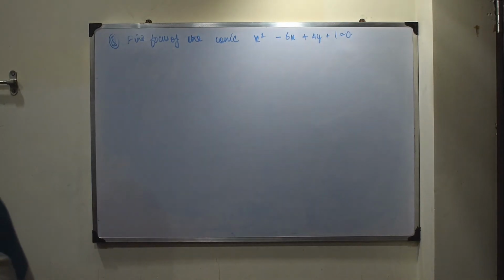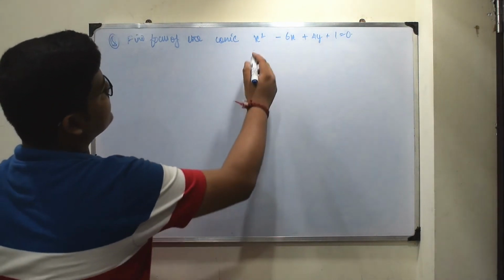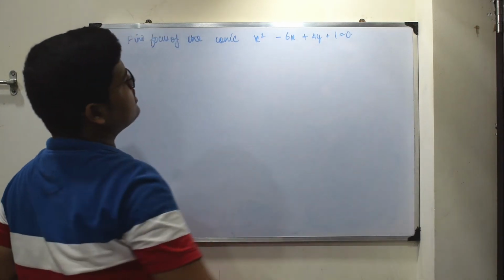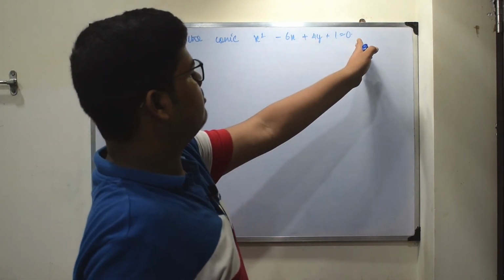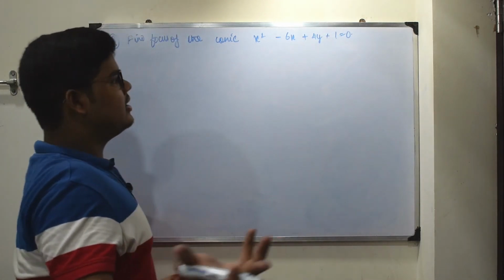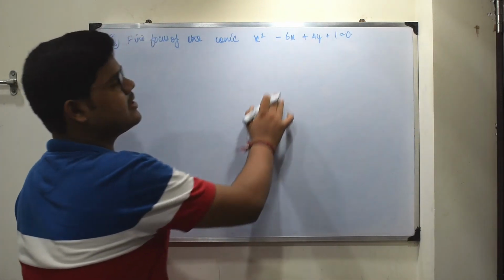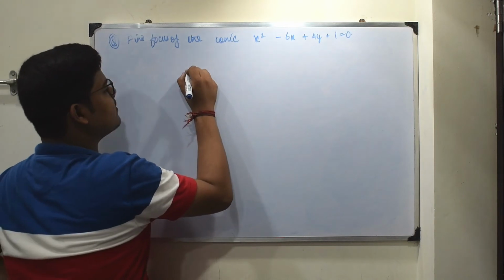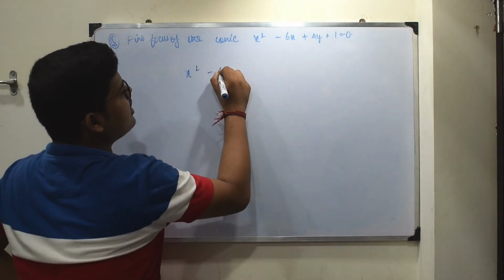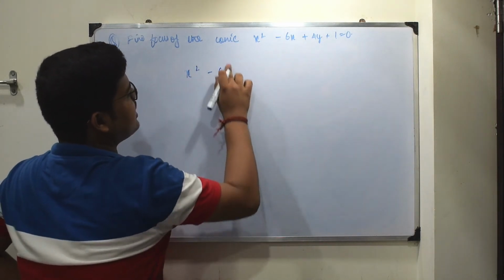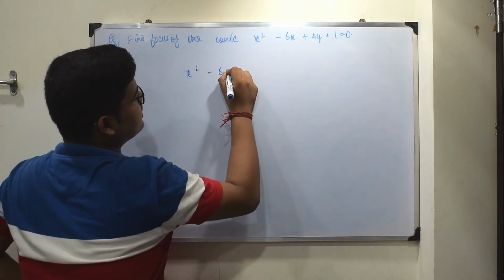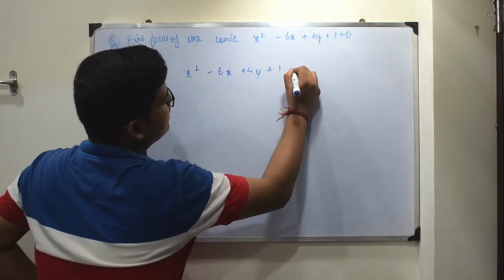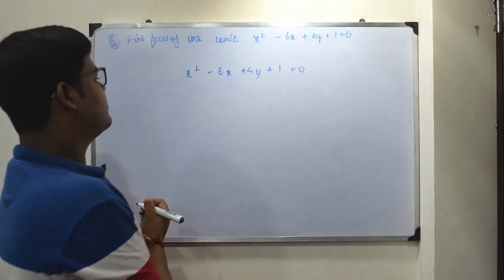The question says, find the focus of the conic x square minus 6x plus 4y plus 1 equals 0. X square and y, you guys can easily understand that this is a parabola. Now let's do little manipulations. x square minus 6x plus 4y plus 1 is 0.